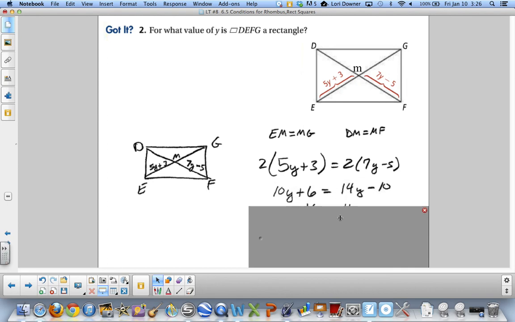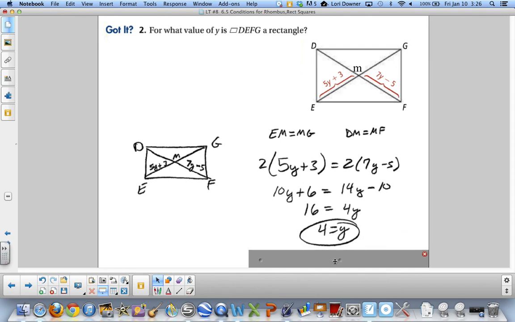Distribute in, simplify, and solve. And I get that when y is 4, that's when I have a rectangle. You'll be expected to do a problem just like this one at the end of this movie and answer it as one of the questions.